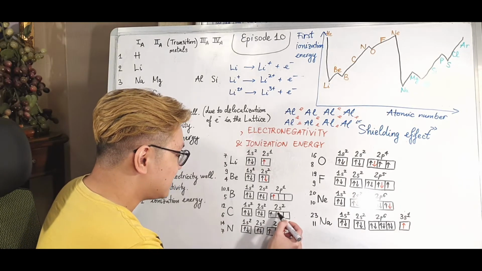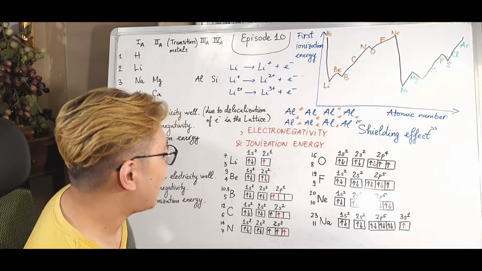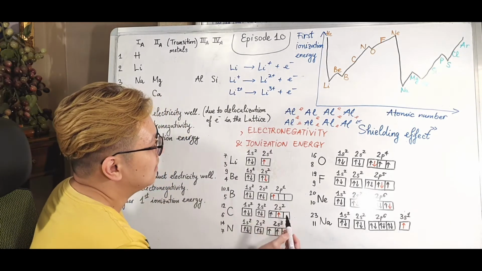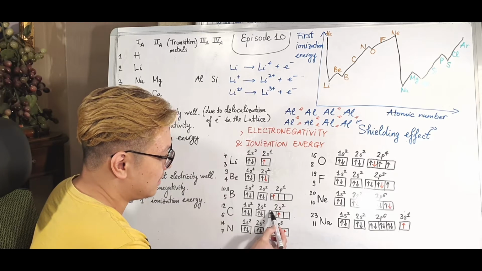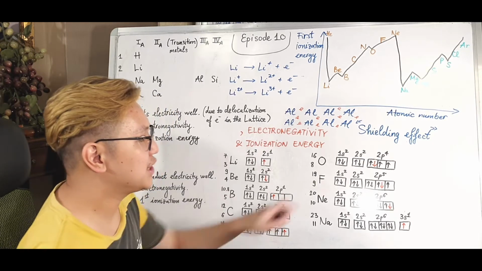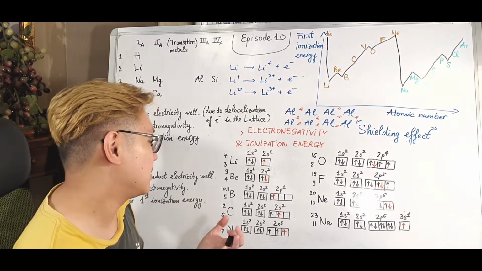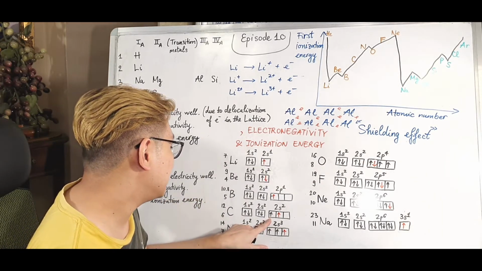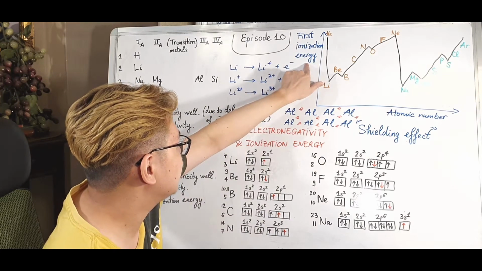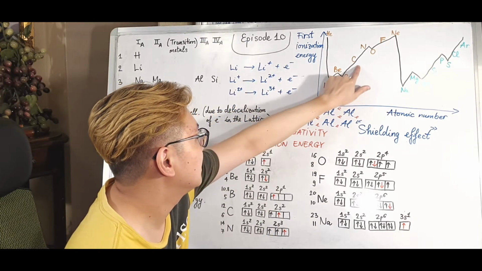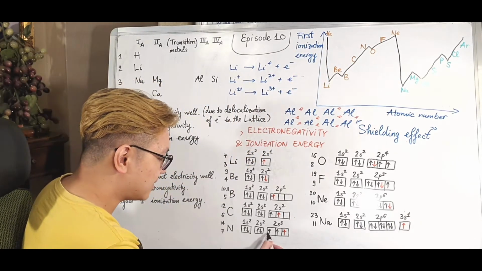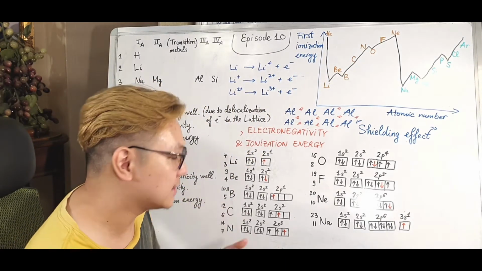For carbon, this is the electron you need to remove, but now, in this case, they are shielded by these next electrons. So shielding effect, they protect each other. So that's why carbon has higher first ionization energy compared to boron. And you can guess, nitrogen is also higher because you have two things guarding it, shielding it.